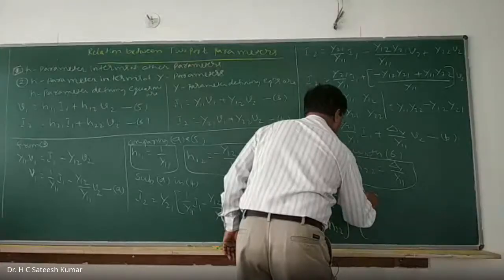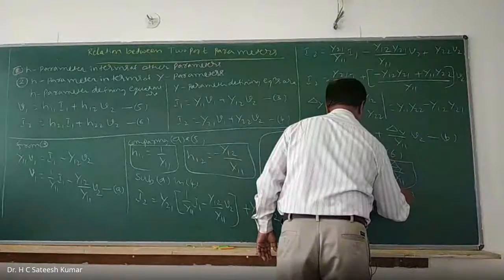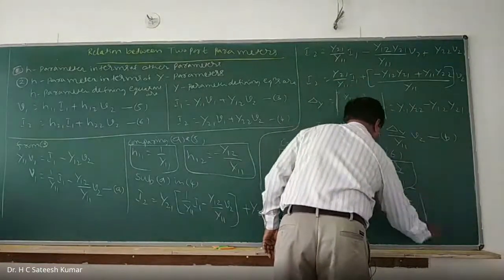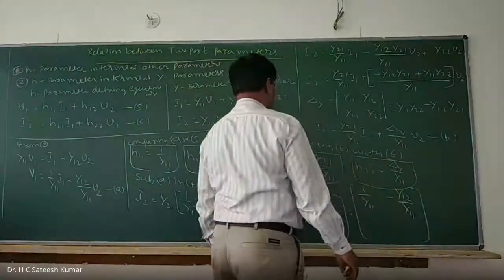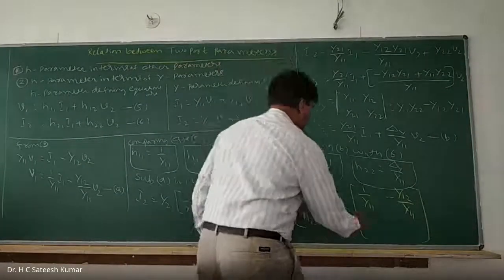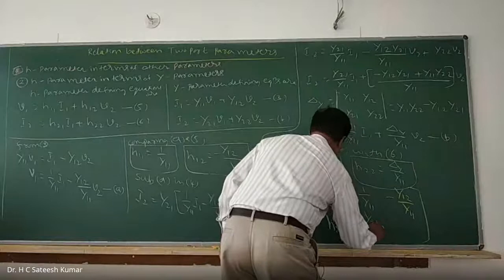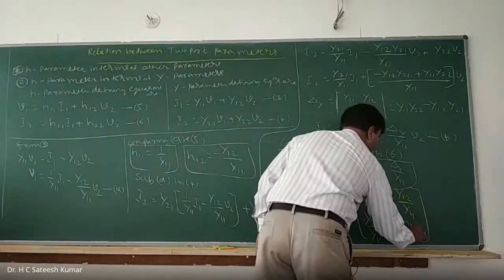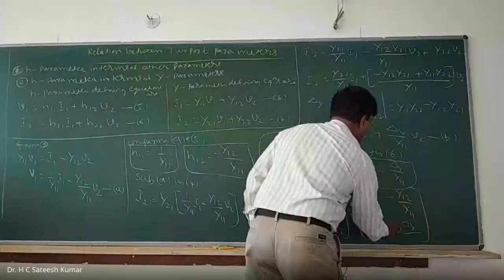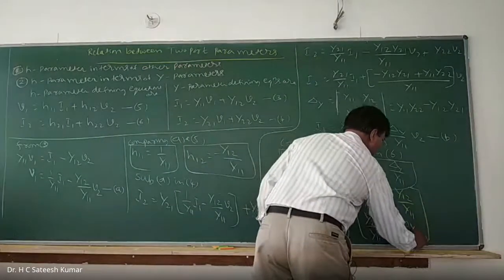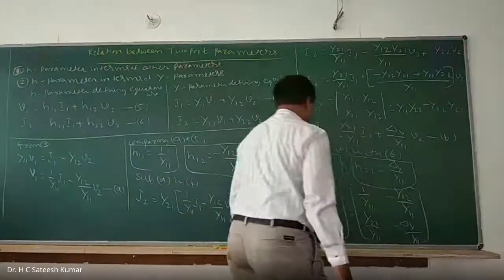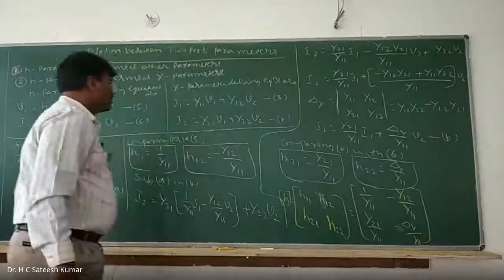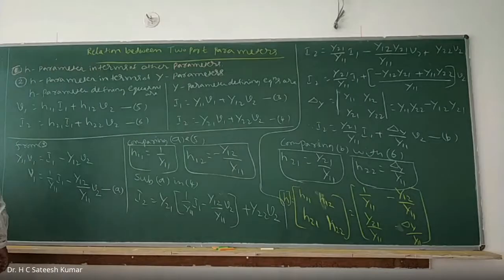H12 is minus y12 divided by y11. H21 is y21 divided by y11. H22 is delta y divided by y11. Sorry, the minus is not there. So that's how we represent H in terms of Y parameters. Now, let us move on to the next one.